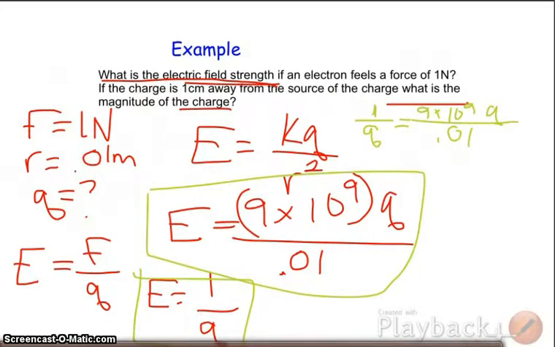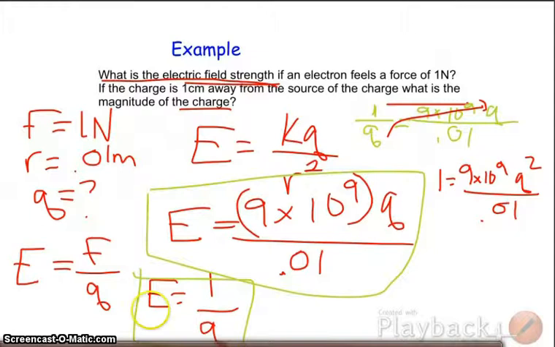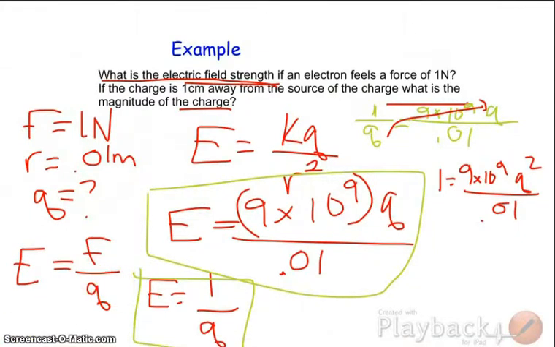Bring Q up to the top, and you get 1 equals 9 times 10 to the 9th times Q squared divided by 0.01. We solve for Q, and we get Q equals 1.054 times 10 to the negative 6th.